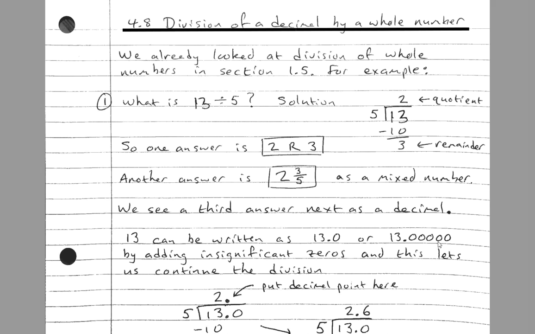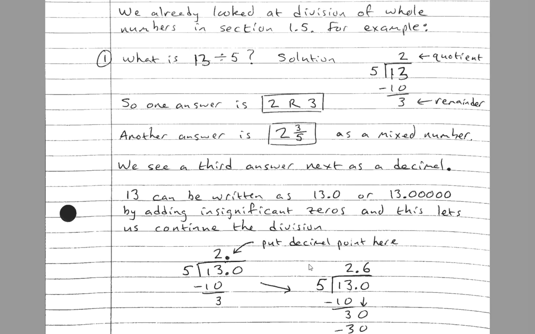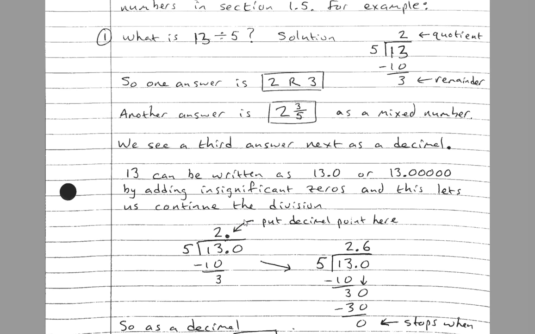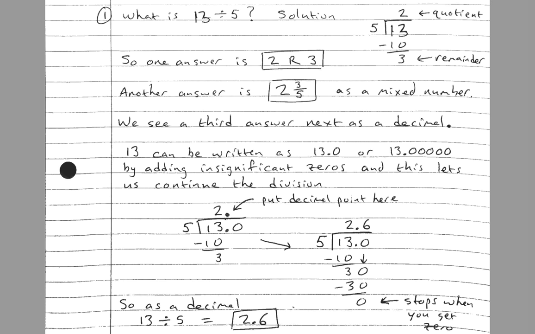They don't change the number. But this lets us continue the division. So we change that 13 to 13.0, and a key step is that when you're dividing by a whole number, you can line up the decimal points.